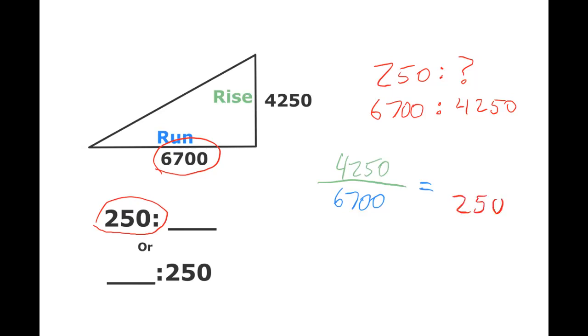The rule of ratios: always match which side you're putting them against. So the 250 we know is the run, the longer side. So I have to put it on the bottom where its friend, the 6,700, the long side is. So those match. So now it's a simple matter of cross multiplying and dividing.